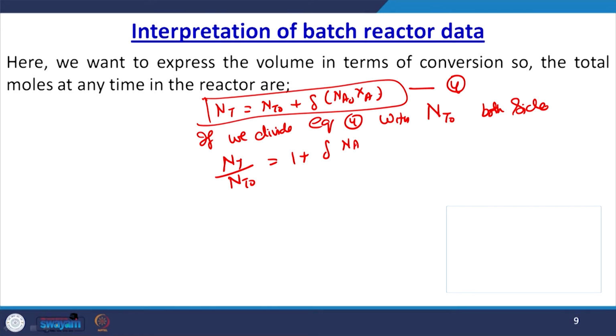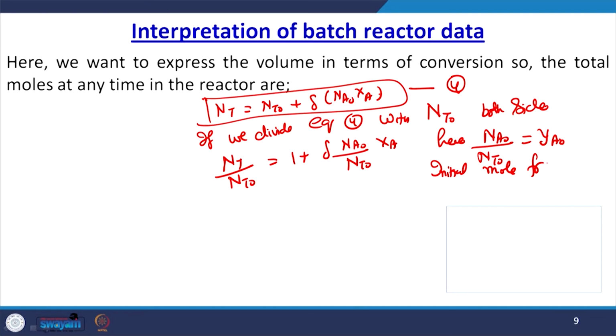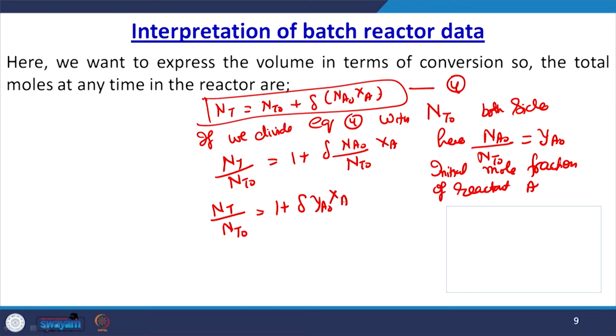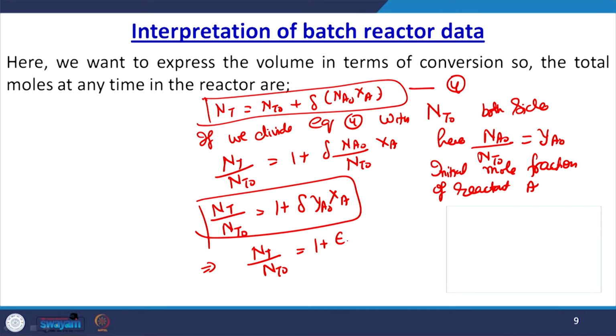is 1 plus delta NA naught upon NT naught XA. Now, here if you see that NA naught upon NT naught is YA naught, that is the initial mole fraction, not the mole, initial mole fraction of reactant A. Now, NT upon NT naught thus becomes 1 plus delta YA naught XA, or in other words NT upon NT naught is equal to 1 plus epsilon A XA.